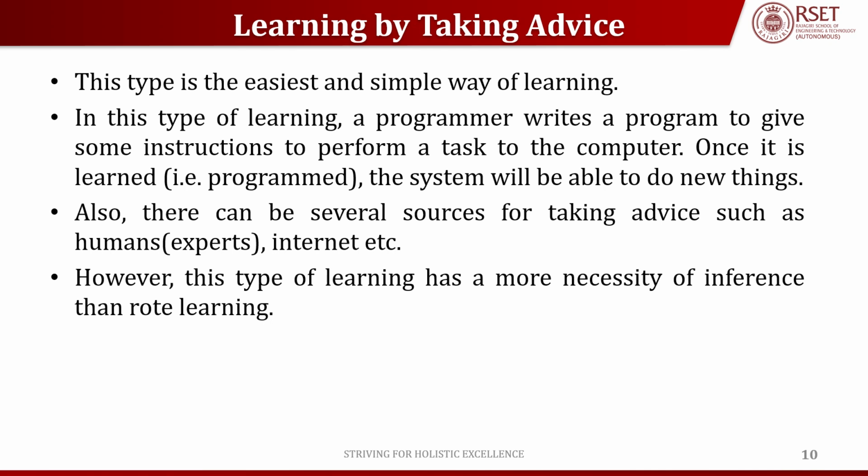Likewise, in artificial intelligence, a system can receive guidance from experts, manuals, or predefined rules. The challenge is converting that advice into instructions that the system can execute. This method is faster because the system benefits from prior human knowledge instead of discovering everything independently.